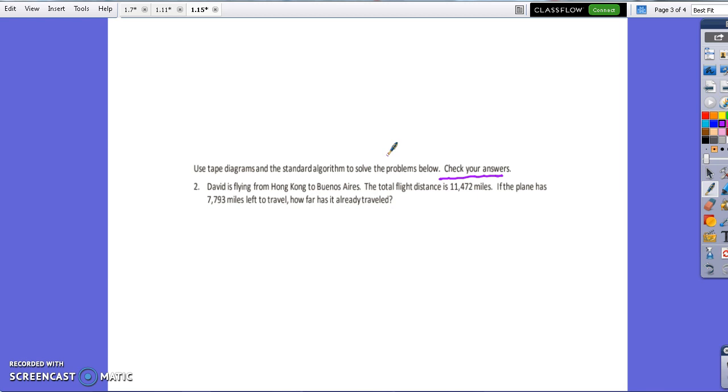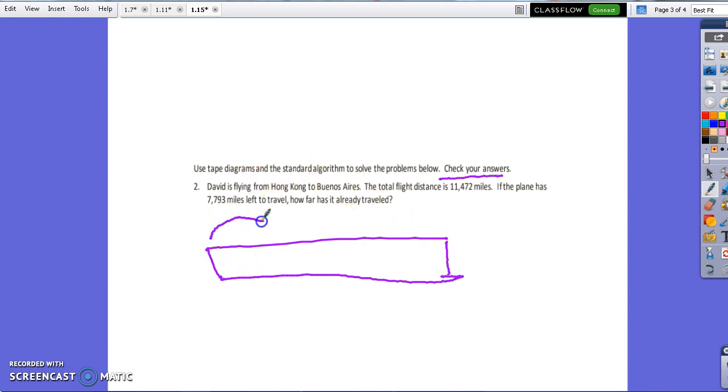And from here, we know that the entire distance is going to be this little square. So the entire distance is 11,472 miles.